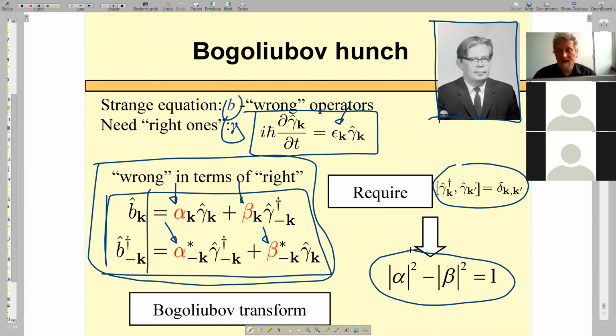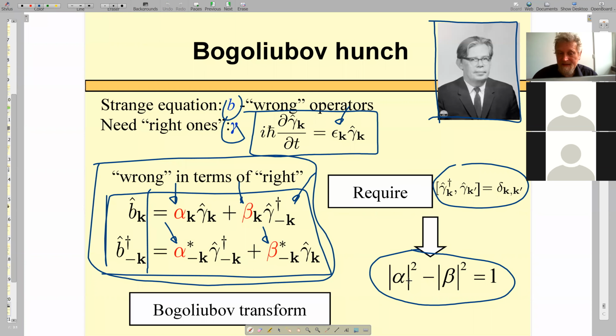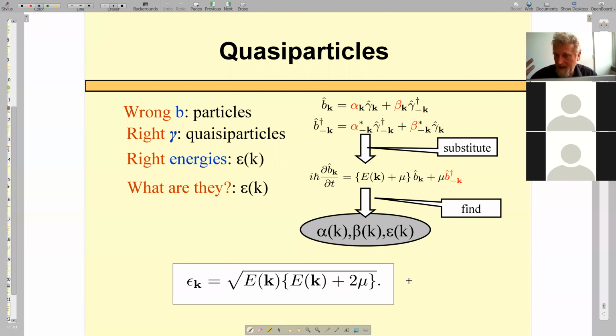Good. Then we just substitute operators B in the form of gamma into the equations. Let me recall the equation. And choose coefficients alpha and beta in such a way that the equations become harmonic. Okay, that's what I put here. So a superposition with yet unknown coefficients. We put it here.